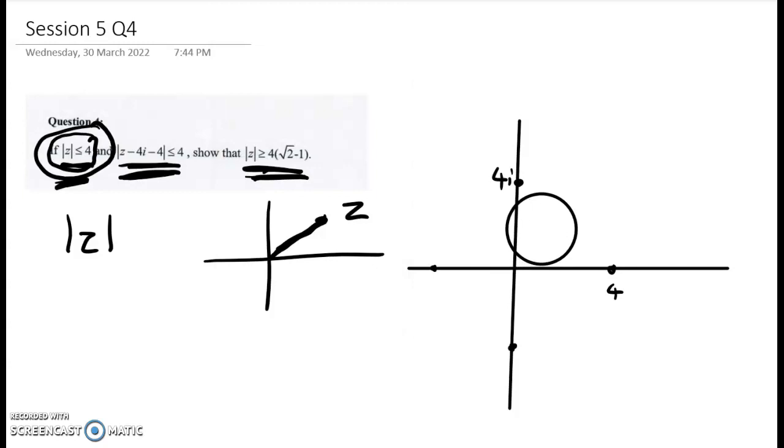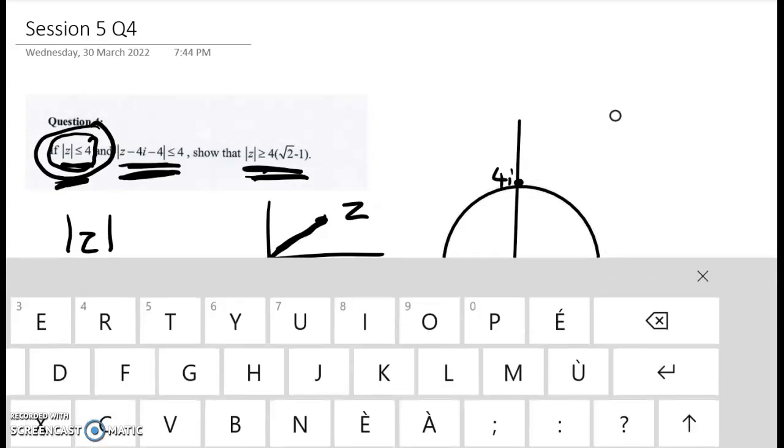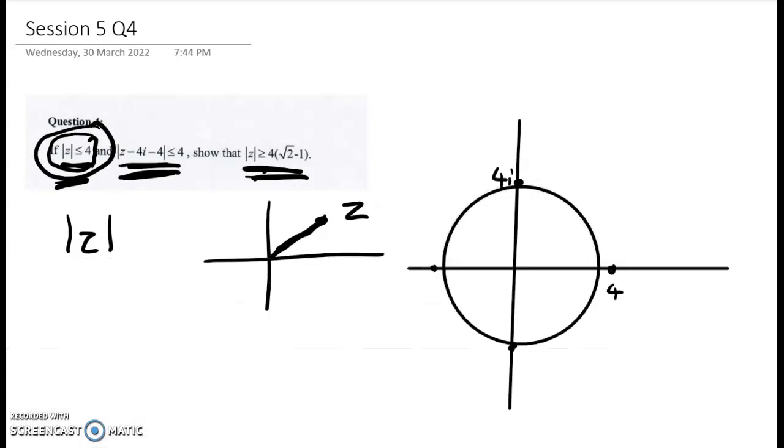Is that going to work? Oh yeah, look, that's going to work, kind of. Let's center that circle on the origin and let's make it a bit bigger. Yeah, kind of. Oh, look, there we are. That'll do. Okay, so that's my first locus. And to satisfy this locus, we want to be inside that circle. So let's color that in with the yellow.